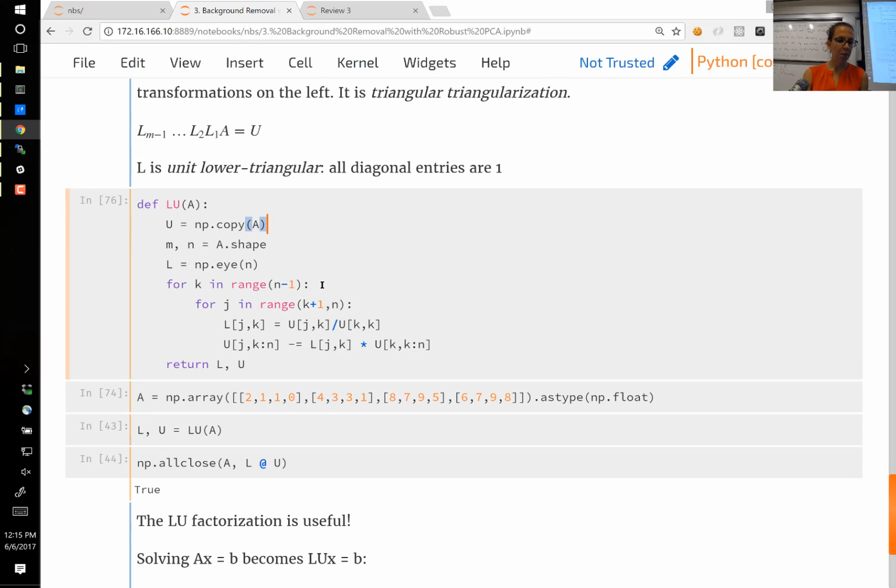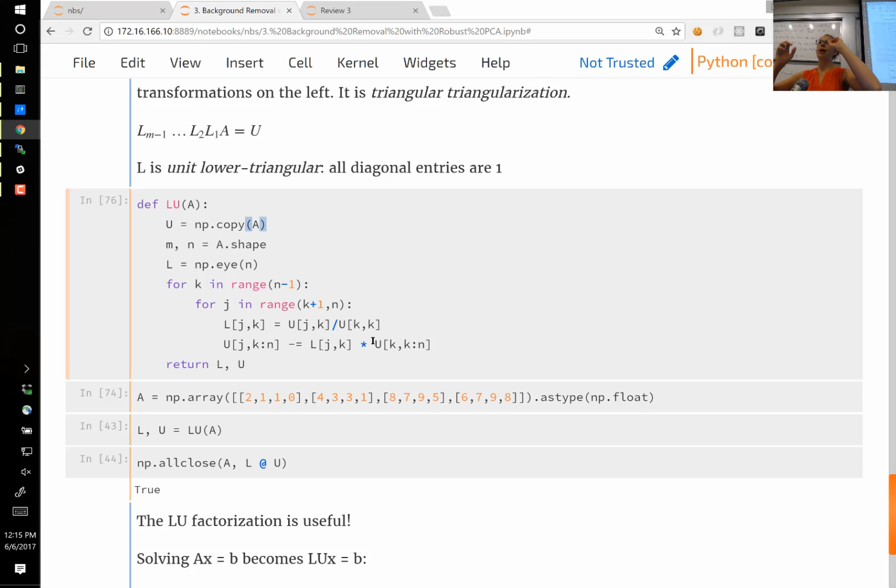So what we do is loop through K, and K is in range n-1, since we don't need to do anything to the last column. J is going through K plus 1 to N, so that's how, when we're working on a particular row, we need to do everything beneath it. And we'll set L_JK equals the ratio of U_JK to U_KK.